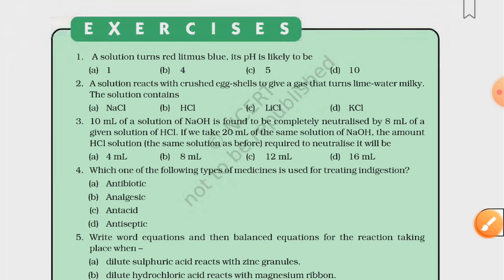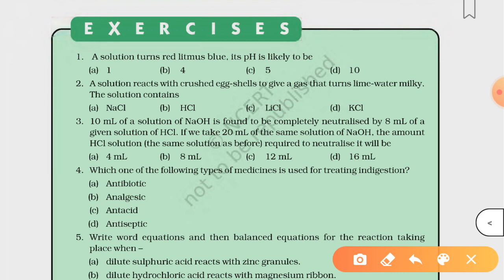Now the second one: a solution reacts with crushed eggshell to give a gas that turns lime water milky. The solution contains... first of all, we must know that crushed eggshell contains calcium carbonate, and when a metal carbonate combines with some acid, CO2 gas will be released, which is known to turn lime water milky.